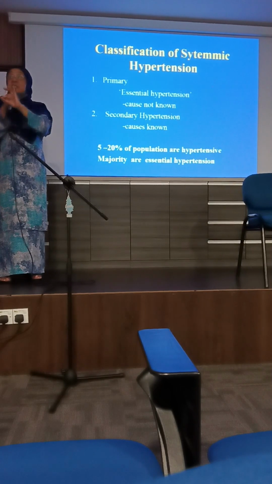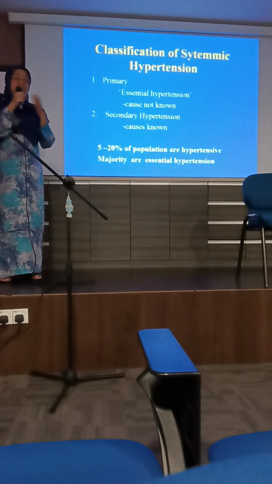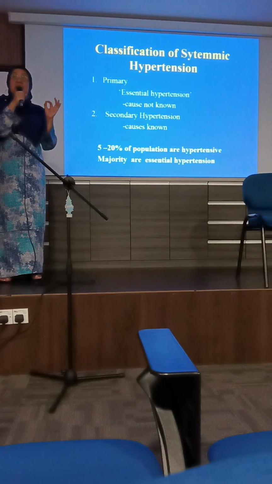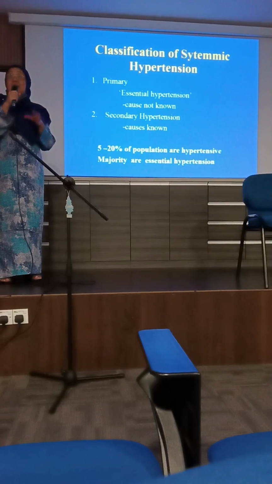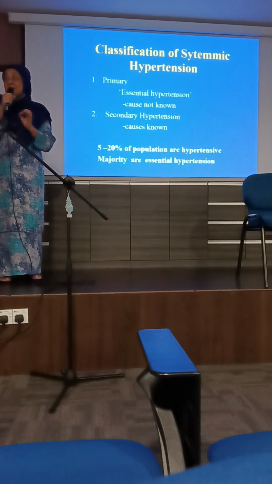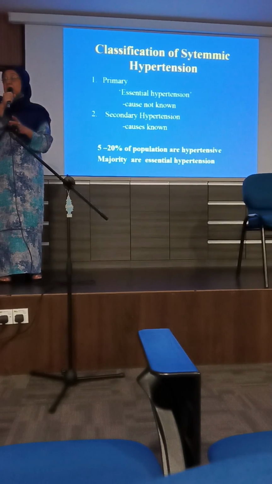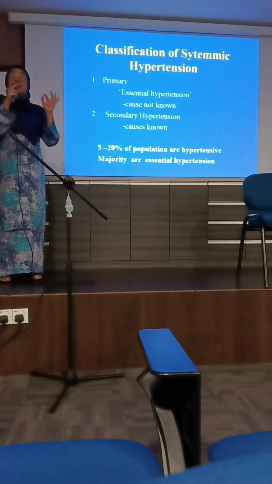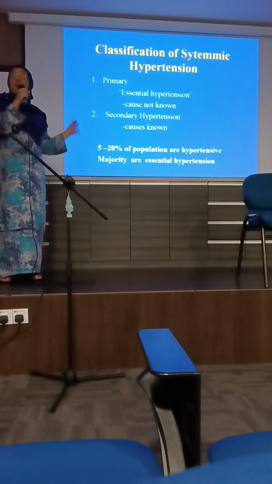We treat the blood pressure, but we don't treat the cause. This is called essential hypertension, which is the commonest. If you hear your parents having high blood pressure, it falls under this. When you see the word essential, it means primary. It means there is no cause.